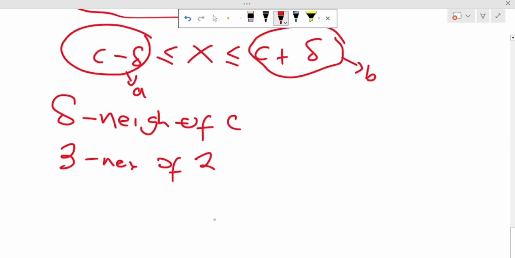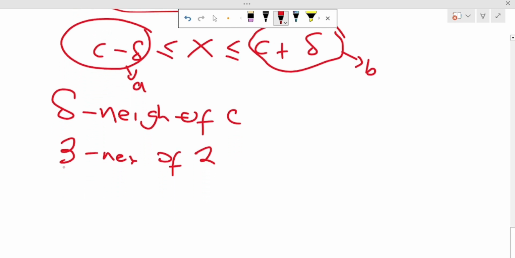This means that they've given you the radius and this is the midpoint. To get the neighborhood of the midpoint, I'm going to get a range of numbers around the midpoint that satisfies that equation. So 2 is the midpoint, 3 is the radius from the midpoint to the boundaries.